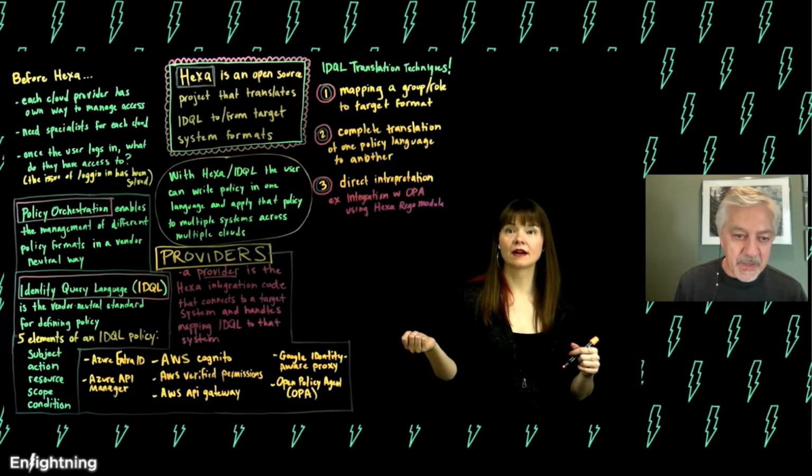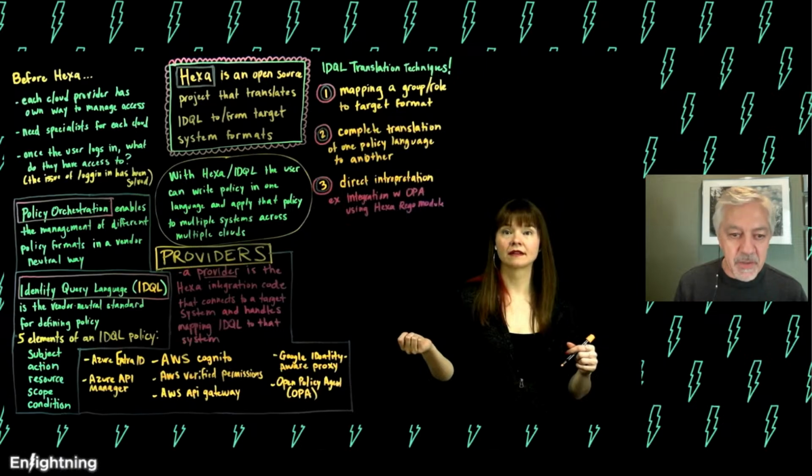Okay. However, if you're greenfield or deploying it new, you can write your policies in IDQL and they can run in the OPA system, but then you can also manage other environments with IDQL. So you get that broader coverage of policy administration.